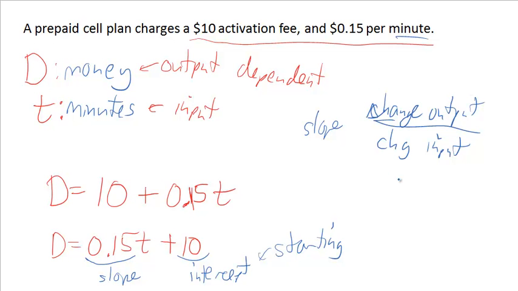Well, our outputs are money. They're measured in dollars. What are our inputs? Our input was minutes. And so our slope, this number here, is going to be dollars per minute. Dollars per minute, which is a slope. Whenever we see a something-per-something type quantity, we really should be thinking, oh, that sounds like a rate of change. That sounds like a slope.